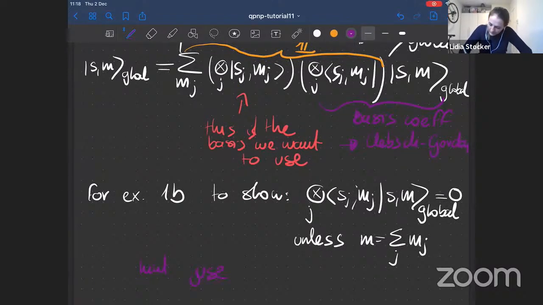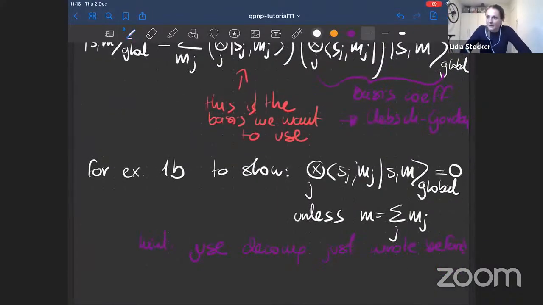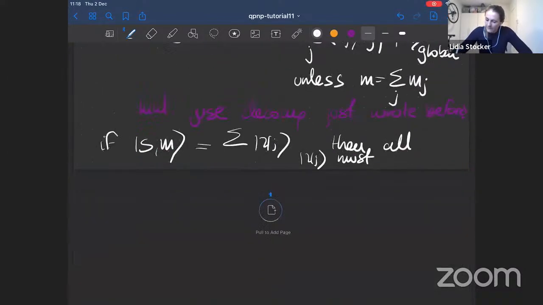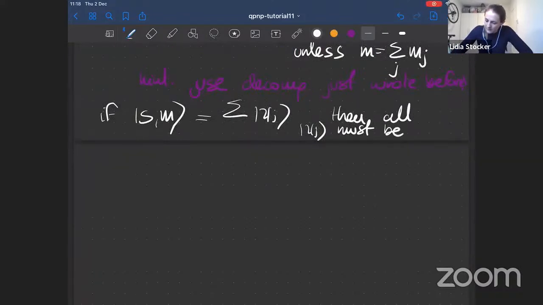Use decomposition, just before. And also, if we have a state S, M equal to a sum over psi_i, then all psi_i must be of, like, the sum of the spin must be of m.